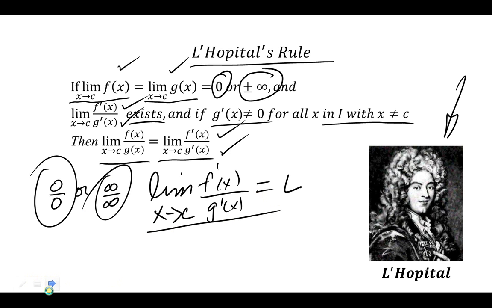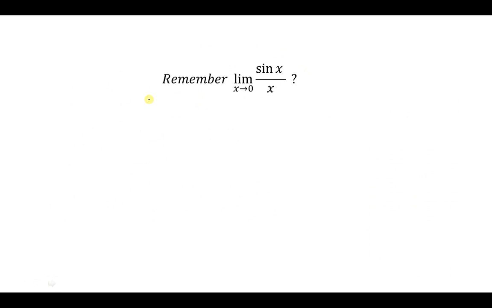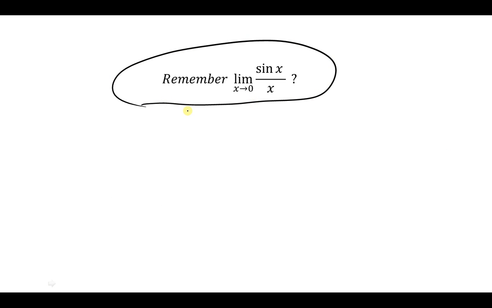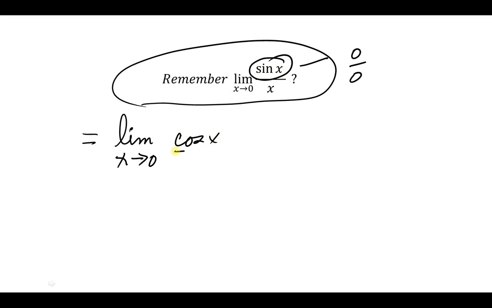Now, before we get too far into this, you probably remember the limit of sine of x over x as x approaches 0. Notice that if you just plug in, you get 0 over 0, which is undefined, but if you realize that satisfies L'Hopital's rule, we could take the limit as x approaches 0 of the derivative of sine of x, which is cosine of x, divided by the derivative of x, which is 1.